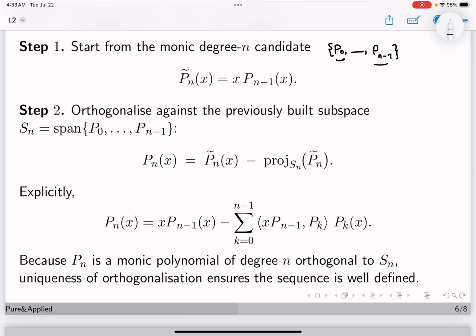Okay, and that polynomial has to be pn. The reason it has to be pn is because of the assumptions that we've put on the pn's, right? We've made sure that these are monic polynomials of norm 1 to ensure uniqueness.